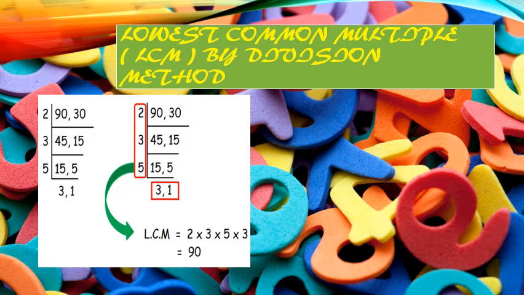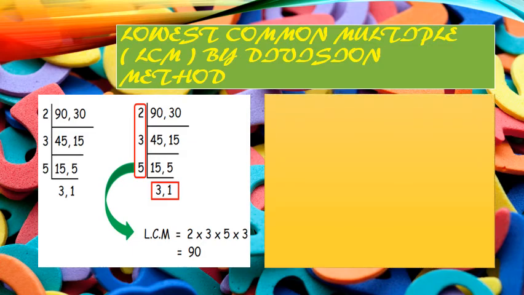Now both can again be divided by 3. We get the quotients 15 and 5 respectively. Both divided by 5, we get 3 and 1. Now we have to multiply all of these, that is 2 into 3 into 5 into 3, and that gives us the answer 90.